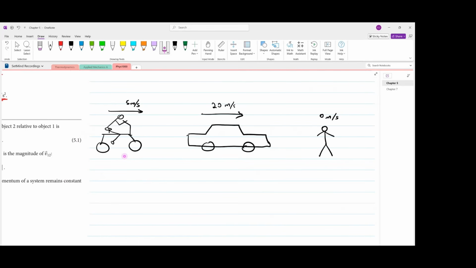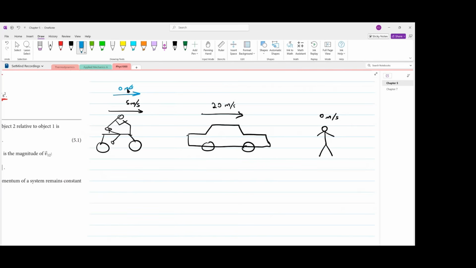But now we have to ask ourselves, what if you were the cyclist, right? If you're the cyclist, you are moving at 5 meters per second, and this car is moving at 20 meters per second. But because you are moving while the car is also moving, from your perspective, you are not moving at all, right? It is like you are not moving at all, but everything else is moving, right?